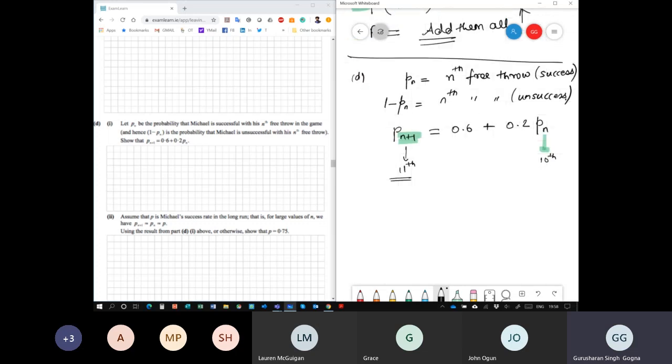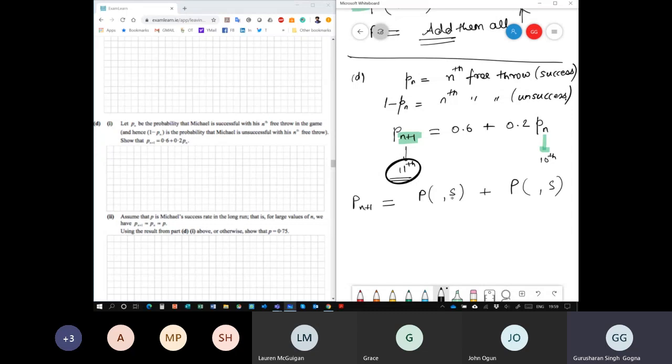What we need to do is write down the probability of the n plus 1th throw, which you can consider as the 11th throw, being successful.